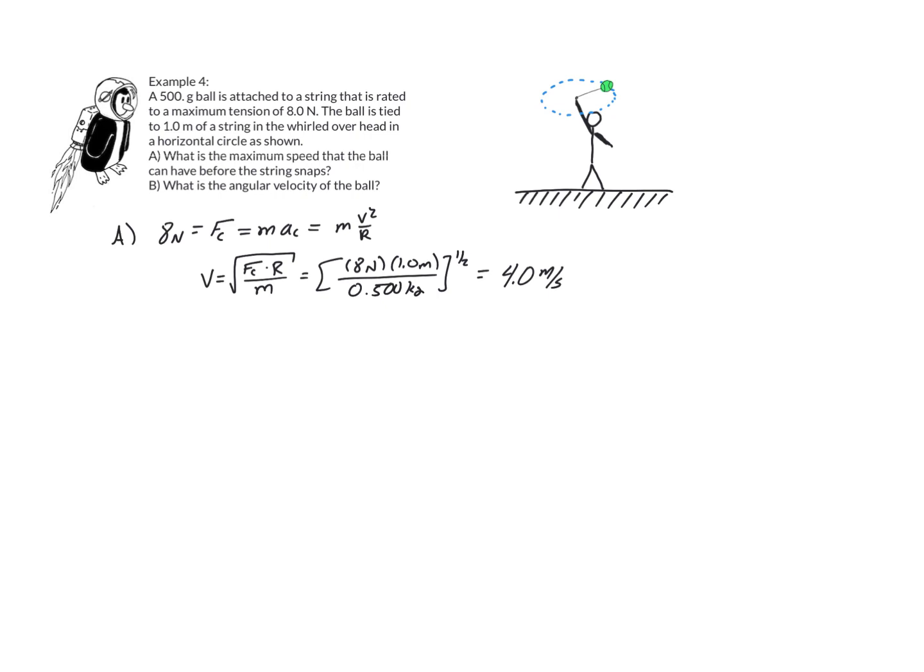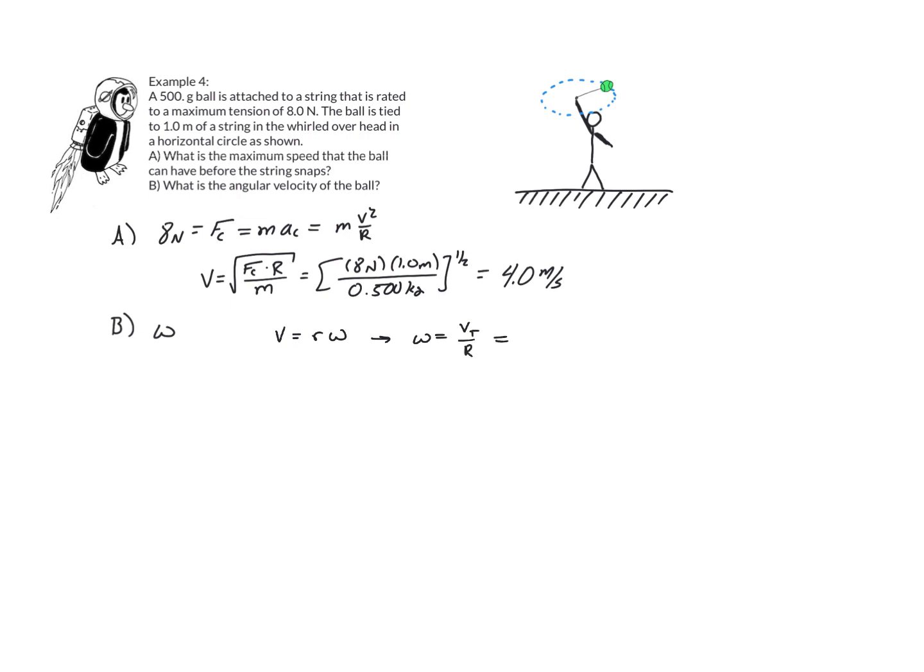Now for part B, we have to find what the angular speed is at that point. Recall that the connection between tangential speed and angular speed is a factor of r, which would mean that omega is equal to the tangential speed divided by the radius.